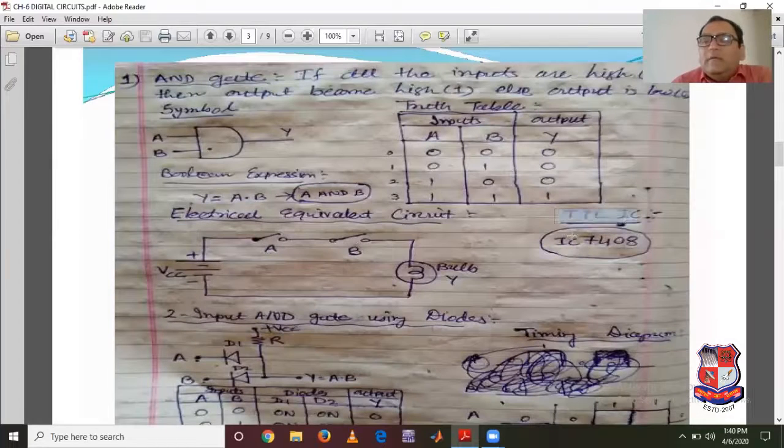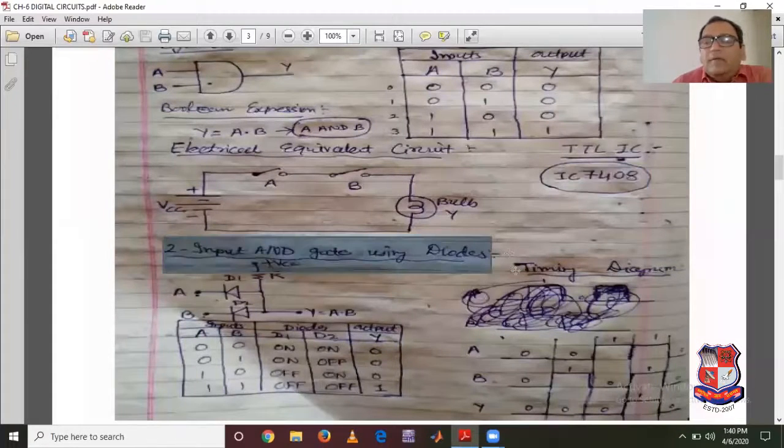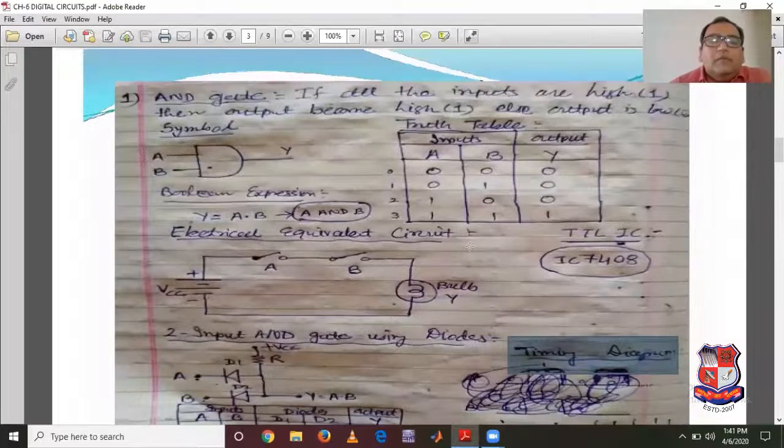This is the IC number: IC 7408 is used for the two input AND gate. Then the two input AND gate using diodes. And the last topic, the timing diagram of the two input AND gate. I hope you understand all the required details of a particular gate. So this is only for the AND gate.